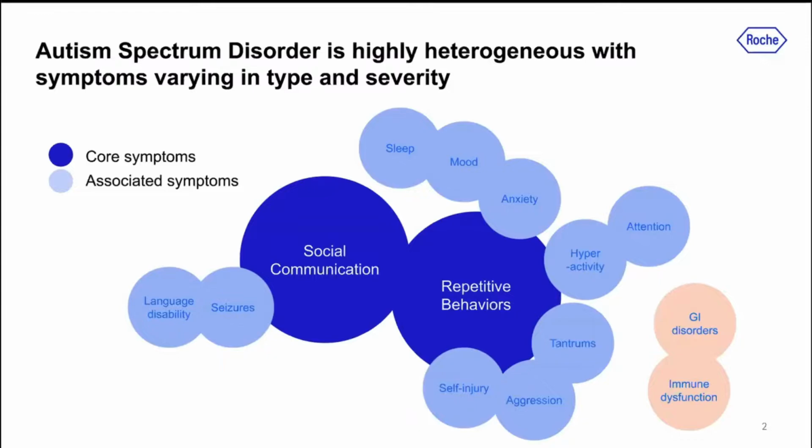symptoms. And then the second core diagnostic criteria are restricted and repetitive behaviours, which again include quite a variety of different symptoms, including repetitive movements such as body rocking, hand flapping, running in circles, but also restricted interests, so focusing on the same topic and having a real deep interest in it, to a point where they don't want to talk about any other topic and really become obsessed with it.